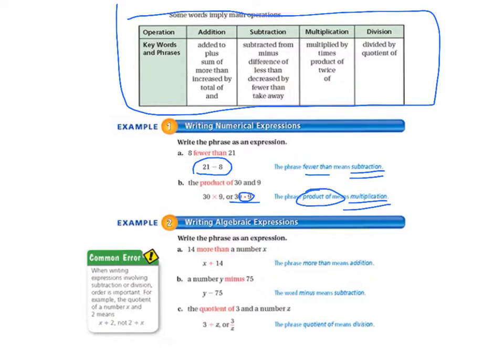Example 2, writing algebraic expressions. So the difference between numerical expressions and algebraic expressions, remember, is that numerical expressions just have numbers, and algebraic expressions have numbers and letters, or variables. So it says write the phrase as an expression, 14 more than a number x.